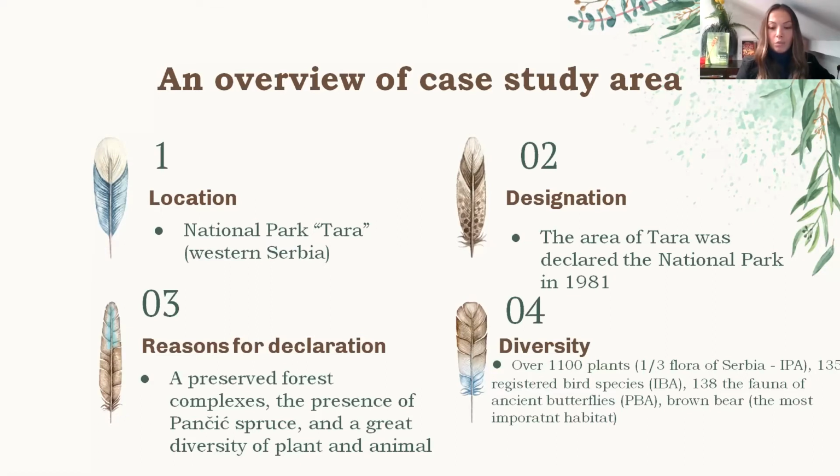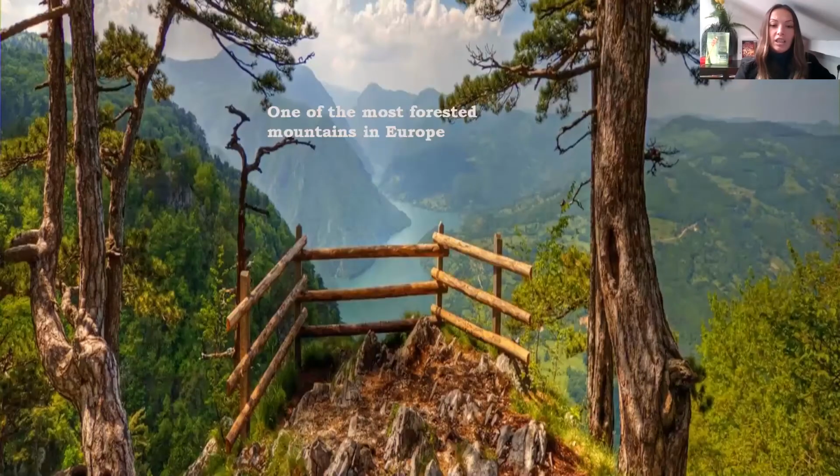This is the most important habitat of the brown bear in Serbia, which is the greatest mammal in the Balkans. Tara is also one of the most forested mountains in Europe. Forest covers more than 75% of this national park.